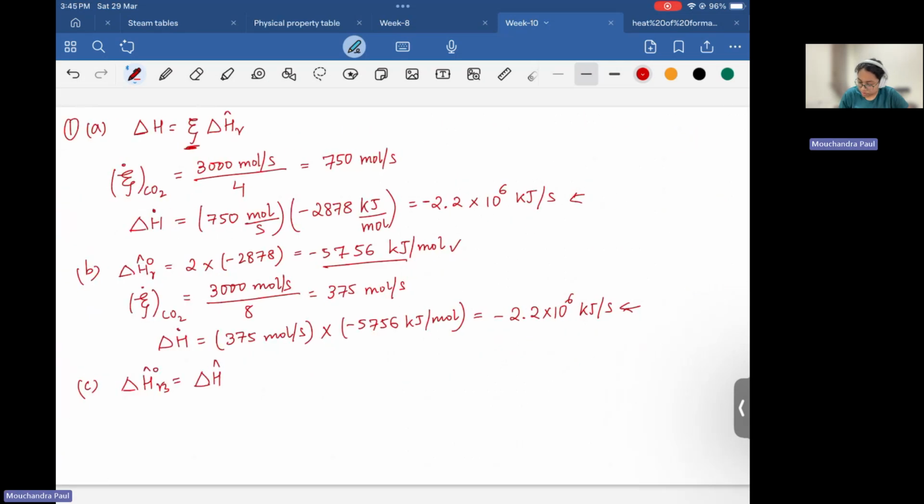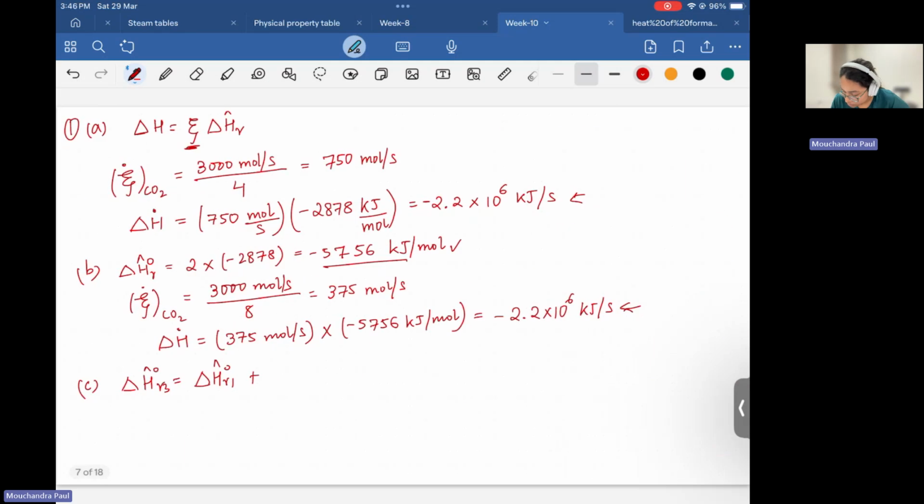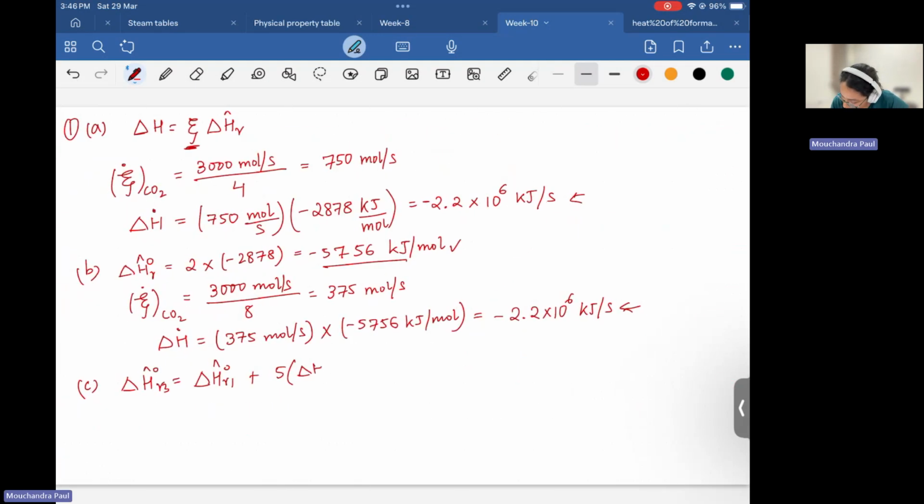So R3, R1. Okay. And if you notice, 5 moles of H2O in liquid state underwent vaporization to give again 5 moles of H2O in vapor. So 5 into heat of vaporization of water.